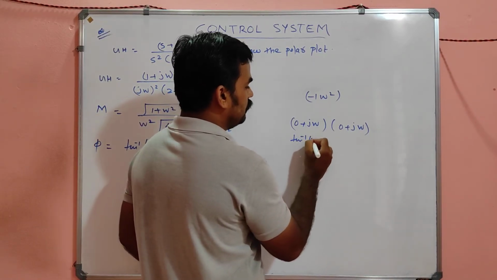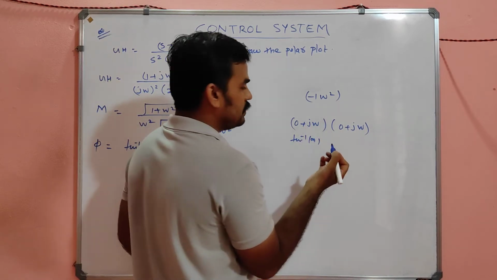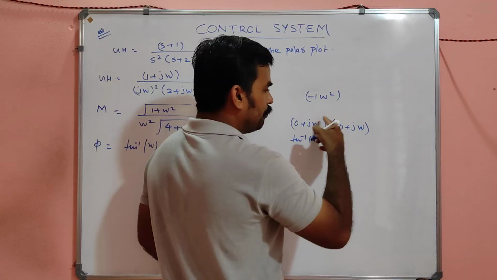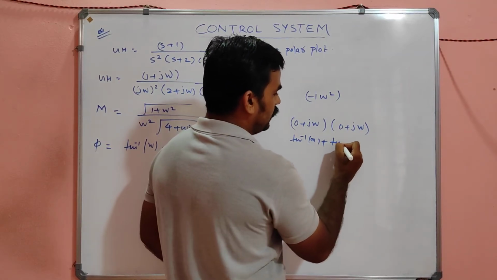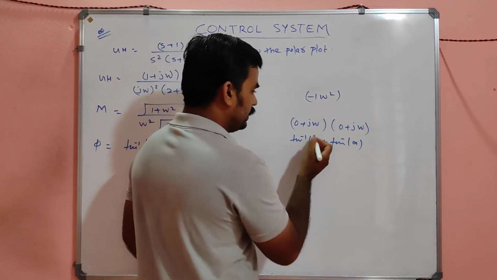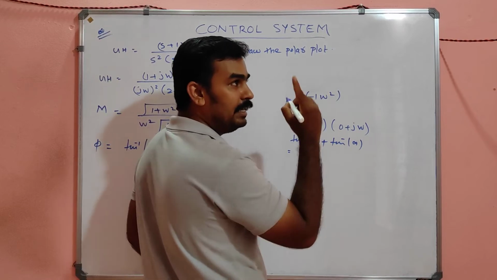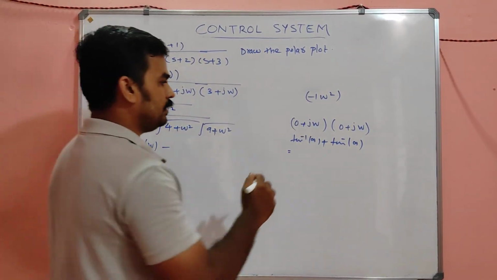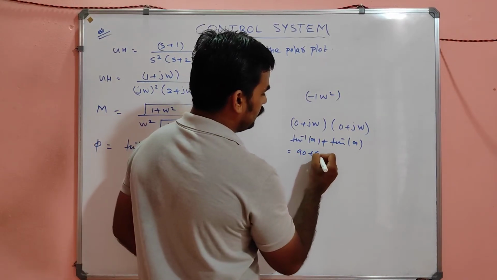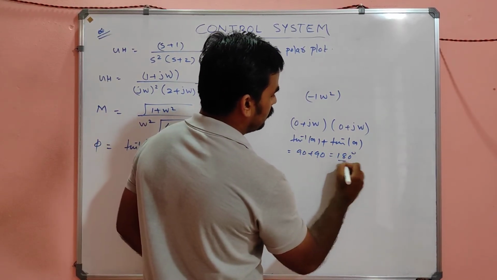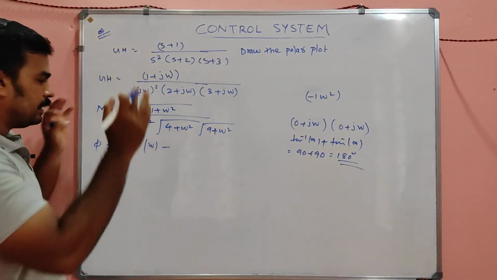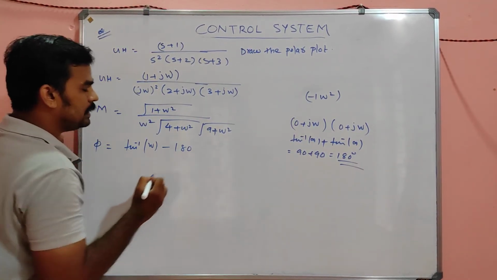Tan inverse of omega by 0, which means tan inverse infinity. Product means it will be plus, so tan inverse infinity again. What is tan inverse infinity, my dear? It means sin 90 by cos 90, so 90. 90 plus 90, so it will be 180 degrees. In the denominator it will be 180, so taking it to the numerator it will be minus 180.